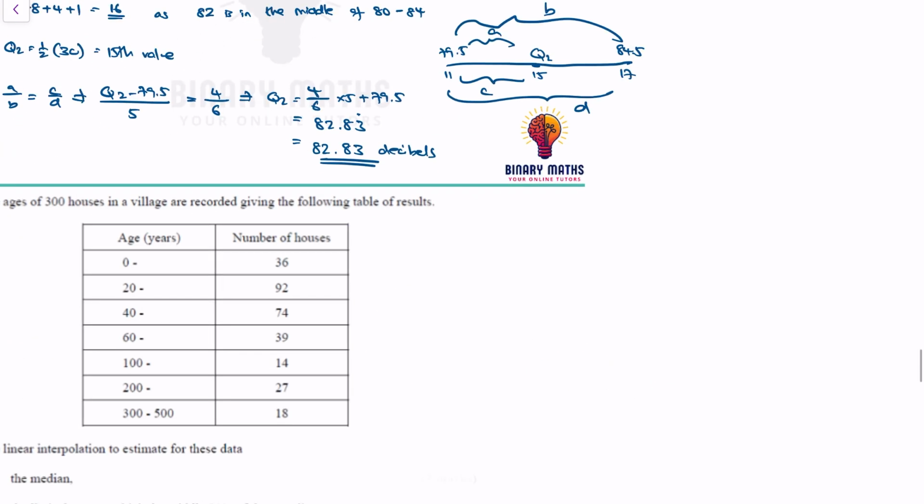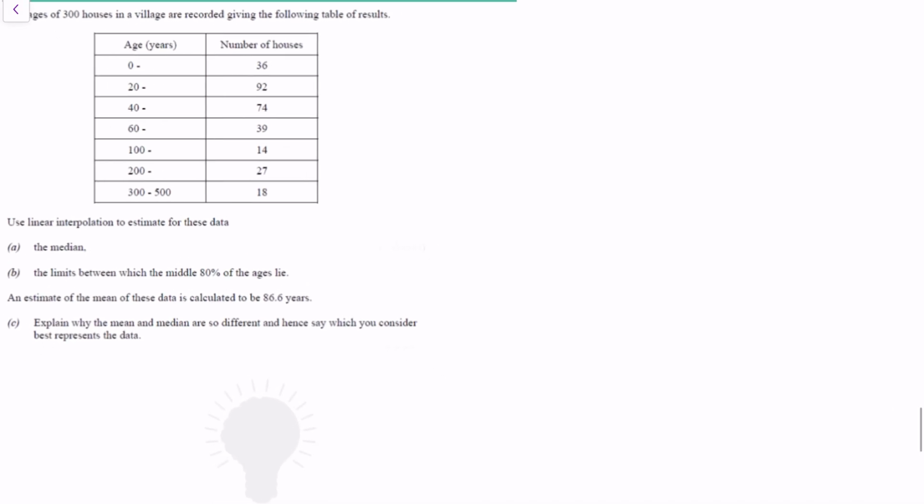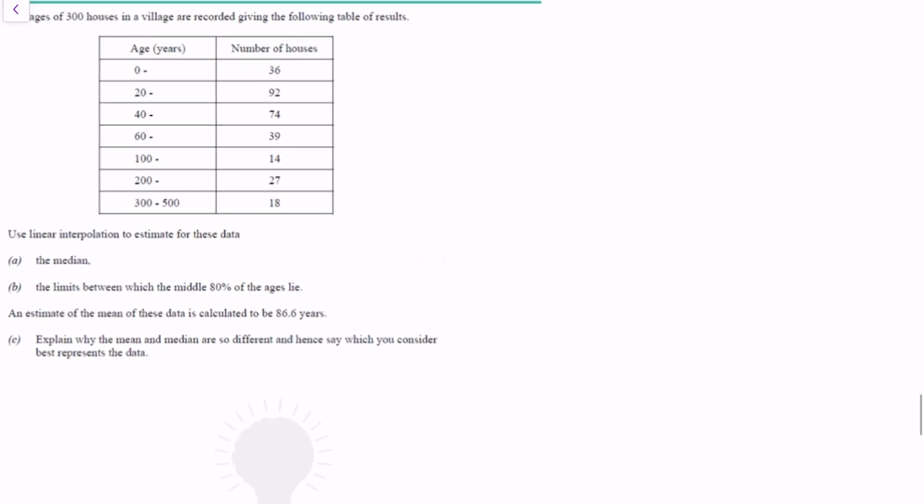Okay, that's that done. Next question. The ages of 300 houses in a village are recorded, given the following table of results. Use linear interpolation to estimate, for these data, A, the median. The median is Q2. The total is 300, which we already know, so we don't need to add up.